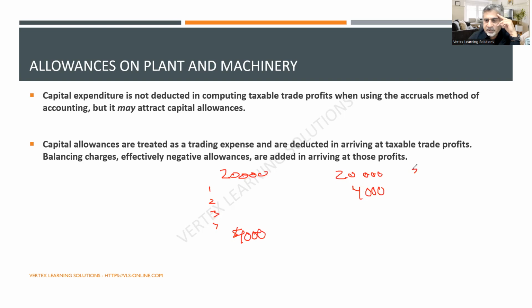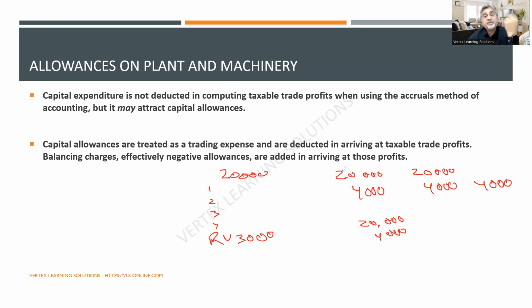In year 2, I charge again depreciation, 4,000. Then I charge depreciation 4,000. Okay, let's say like this. The closing value should be 3,000. Residual value should be 3,000. And in year 4, I again charge depreciation of 4,000. So how much capital allowance have I charged, or how much depreciation?